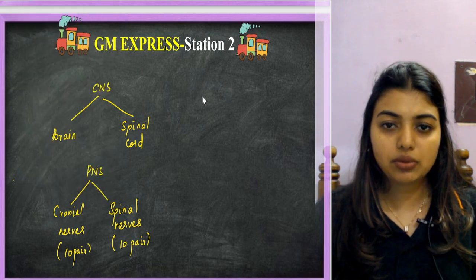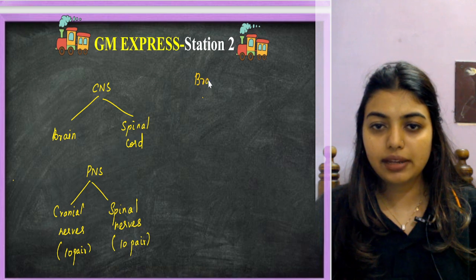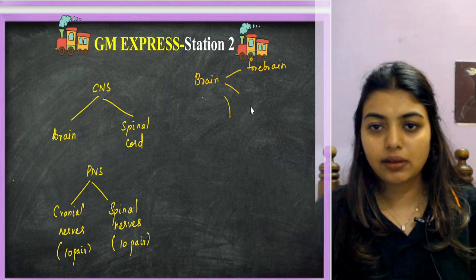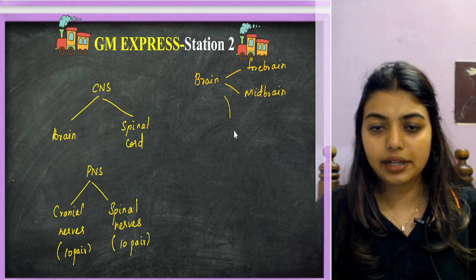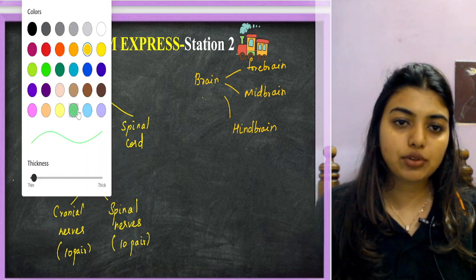Then they told that the brain is divided into three parts: forebrain, midbrain and hindbrain. Now each part you have to write.